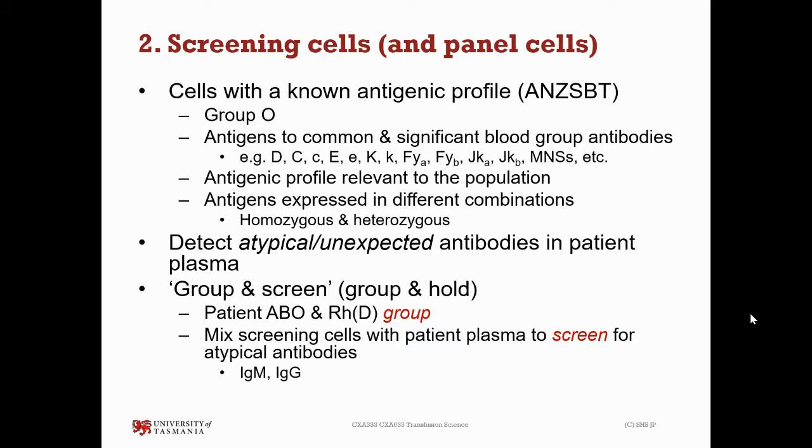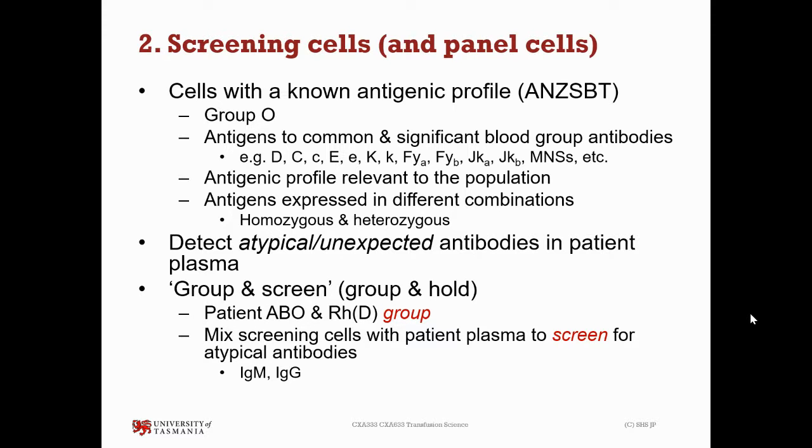So the antigens are expressed in different combinations, and this is my favourite part of transfusion science, when you get an antibody and you get a pattern of reactions that you then have to try and tease out and identify. And that pattern of reactions is further complicated by the fact that some antibodies will work stronger when they are mixed with cells that are homozygous for the complementary antigen, and they will react weaker with cells that are heterozygous for the complementary antigen.